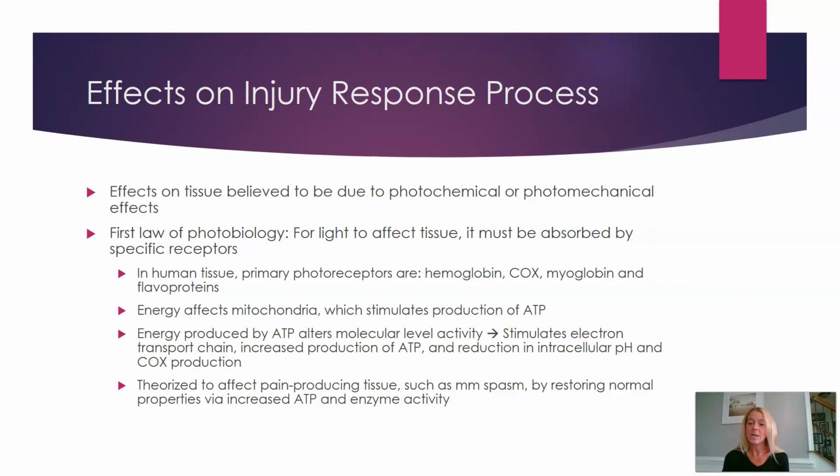So again, remember, COX contributes to pain and inflammation, so if we can calm that down, we should hopefully help to reduce pain and inflammation as well. Laser has been theorized to affect pain-producing tissues, such as muscle spasm, by helping to restore normal function by increasing ATP and different enzyme activity.